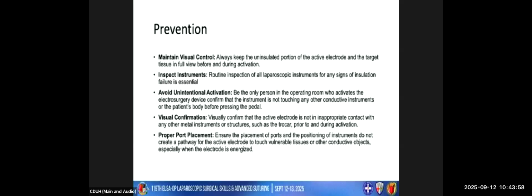Visually confirm the active electrode is not in contact with any other metal, such as other trocars or other instruments, and ensure proper port placement. As was discussed earlier by Dr. Gomez, proper angulation of the other ports will lead to decreasing this type of injury.